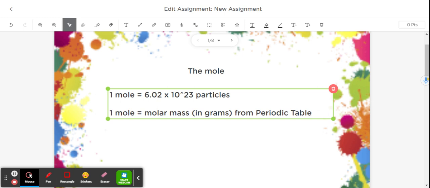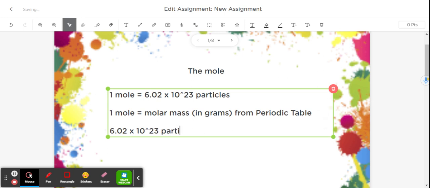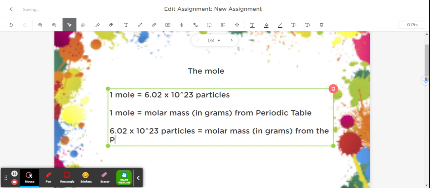If I know that a mole is 6.02 times 10 to the 23rd particles, and I also know that 1 mole is equal to the molar mass, if I combine those two things, like a substitution, I know that 6.02 times 10 to the 23rd particles is equal to the molar mass in grams from the, I'm going to abbreviate, periodic table.